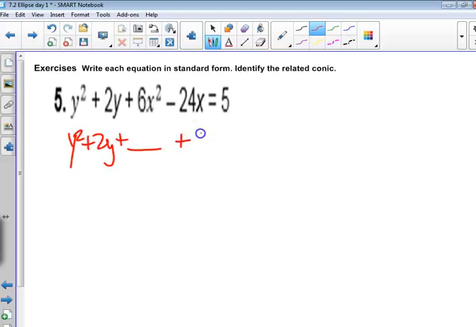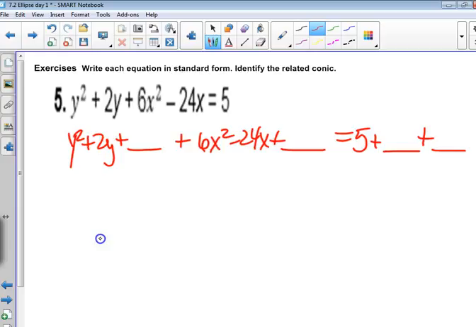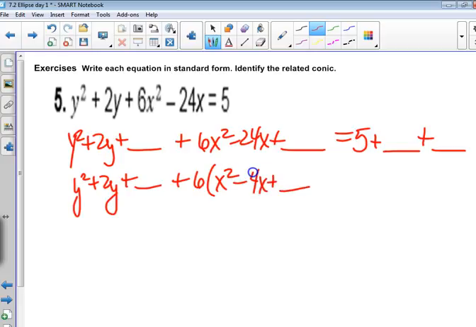How's that sound? But I got to factor this 6 out too. What does it become? Minus 4x plus blank.